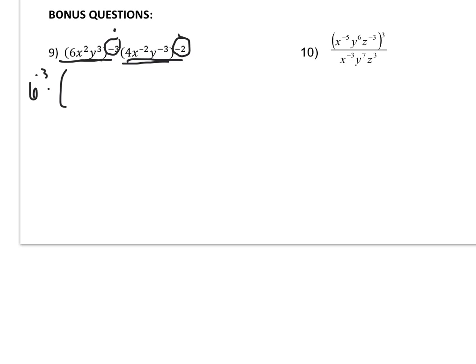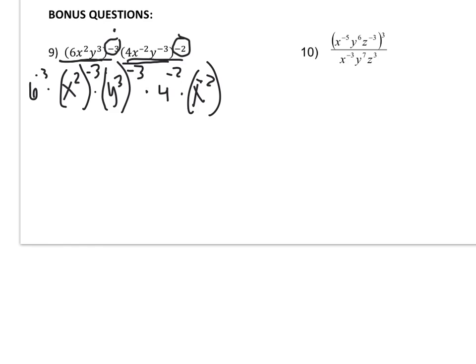I'm going to multiply that by x squared to the negative third power. And I'm going to multiply that by y to the third to the negative third power. Then I'm going to do 4 to the negative 2 power. I'm going to multiply that by x to the negative 2 power raised to the negative 2 power. And then I'm going to do y to the negative third power raised to the negative 2 power.